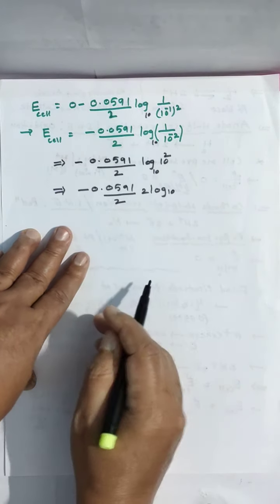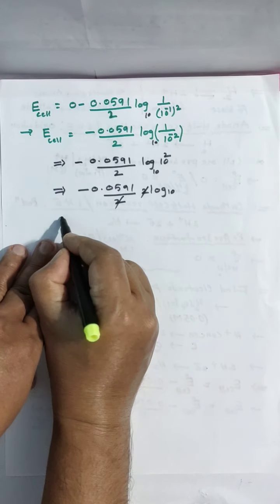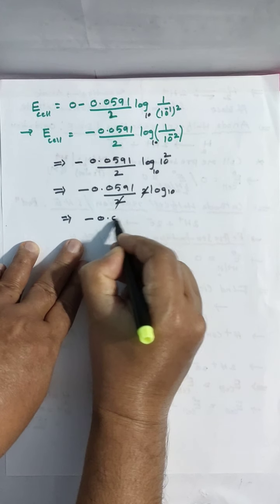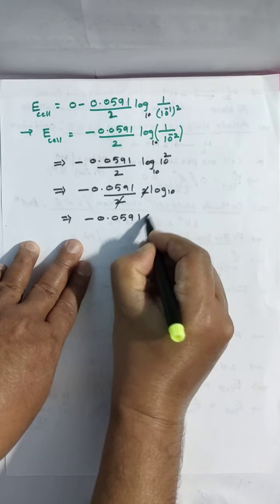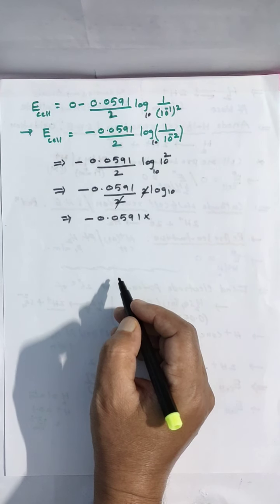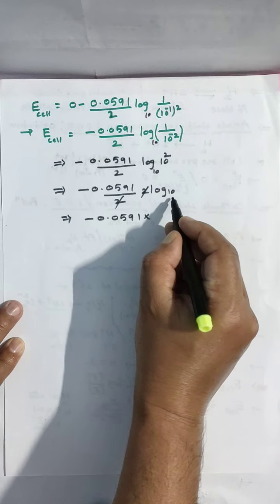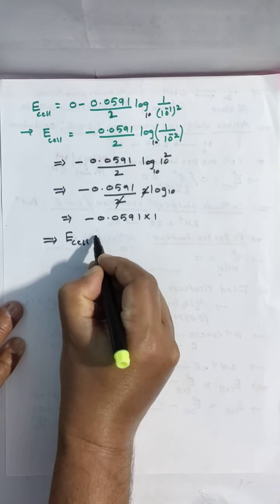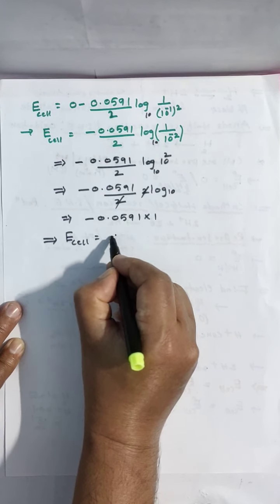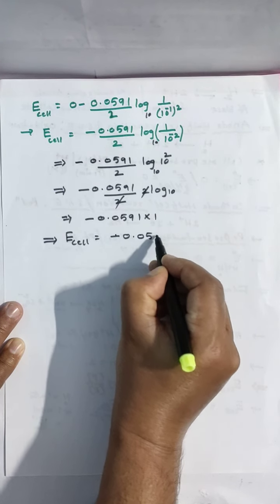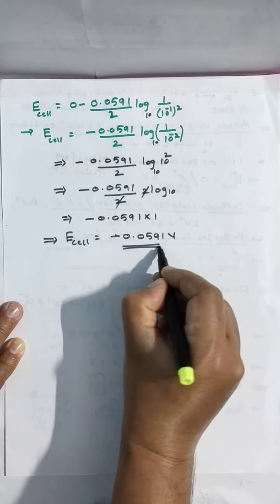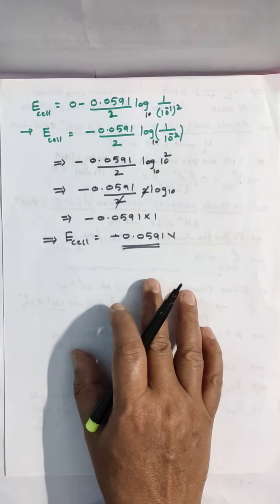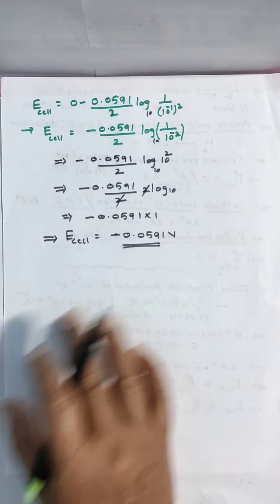Log base 10, and this 2 gets cancelled. That implies minus 0.0591 into log base 10 of 10, which is 1. That implies E cell equals minus 0.0591 volt.